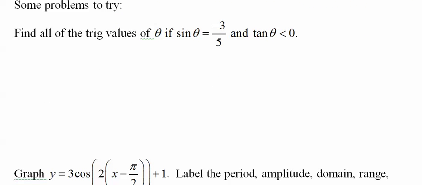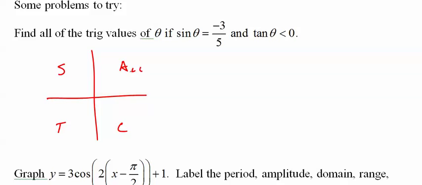So here's a problem that we're going to put into standard position. This is a little mnemonic to remember where things are positive. All are positive, sine is positive, tangent is positive, cosine is positive. And sine means sine and cosecant because they're inverse functions. So if tangent's less than 0, we're either in the second quadrant, top left, or the fourth quadrant.